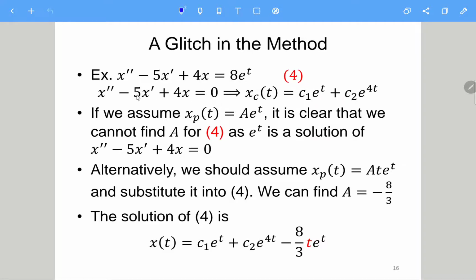So we have the roots to be 1 and 4. So this is the complementary solution, c1 exponential to t plus c2 exponential to 4t. So now we observe that this term and this term are actually the same.